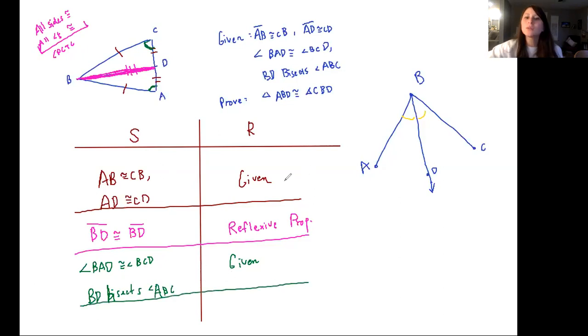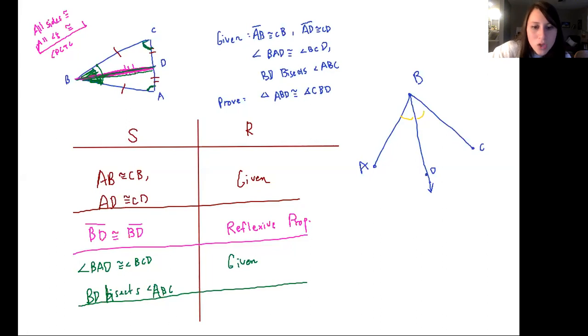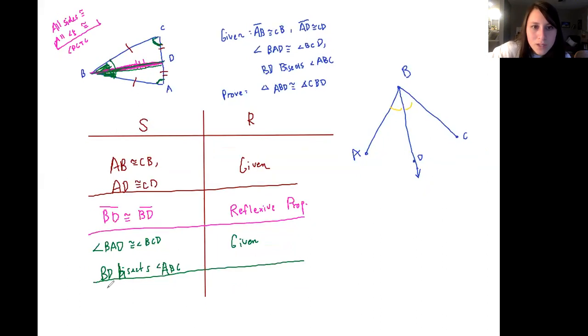Well, remember what we talked about with bisectors? If I have this line, BD, bisecting through ABC, which is this angle, then it cuts it into two equal parts. So if it cuts it into two equal parts, I can conclude that this angle here and this angle here should be the same. And that's because I know what a bisector is. If I didn't know what a bisector is, I wouldn't be able to conclude that. So I'm going to say that angle ABD is congruent to angle CBD.